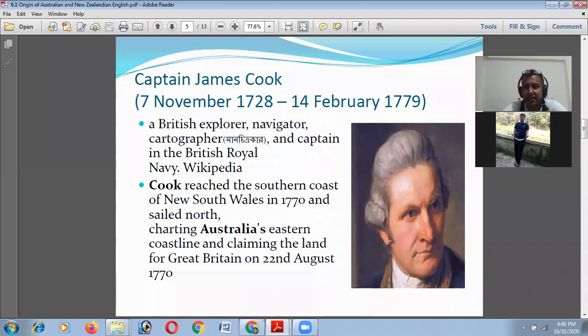So James Cook is a famous name regarding Australia as a British colony. He is a navigator. He went to Australia in 1770 and made Australia a British colony.